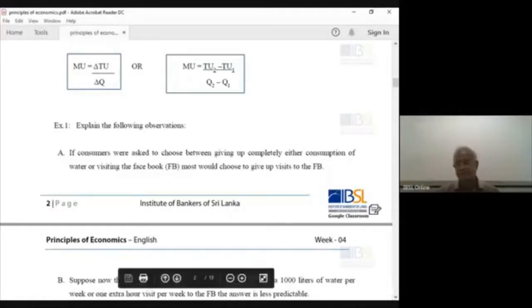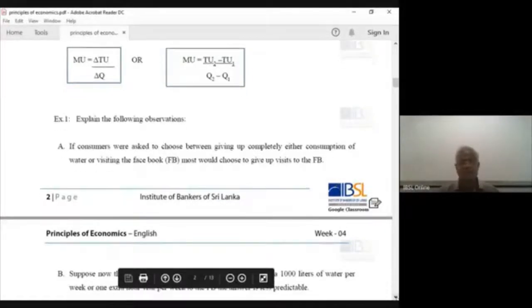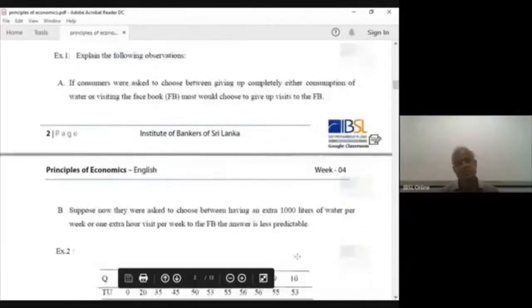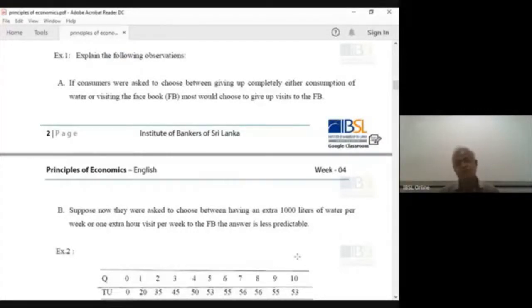The second observation is, suppose the same consumer is now asked to choose between having an extra 1,000 liters of water, earlier it was completely stopping drinking water, now an additional 1,000 liters per week, or 1 extra hour of visit per week.